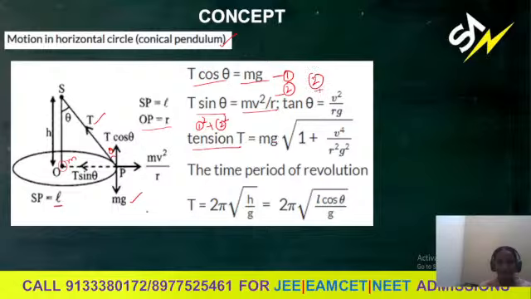So the tension along the string will be mg into under root of 1 plus v power 4 by r square g square, because we find the tension by squaring and adding the first and second equations.